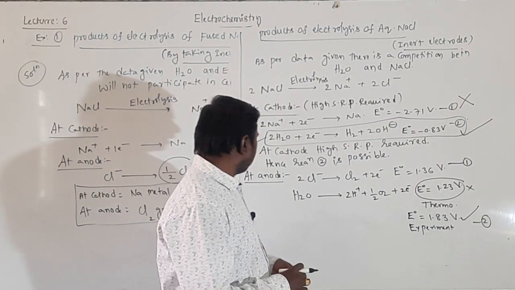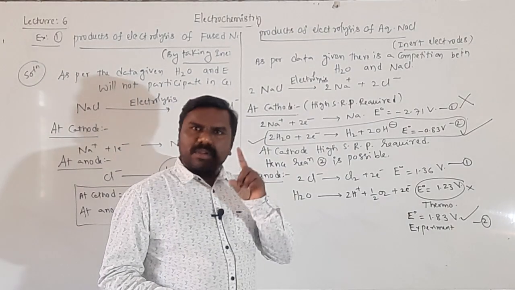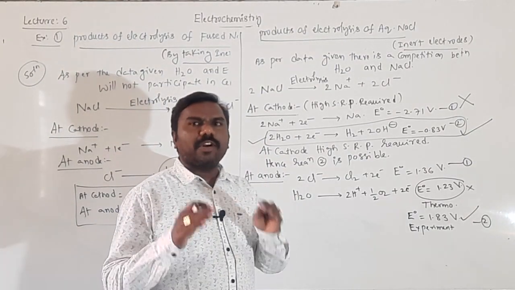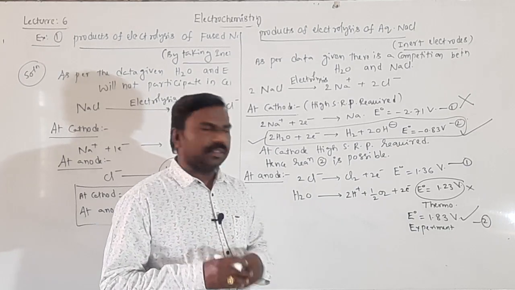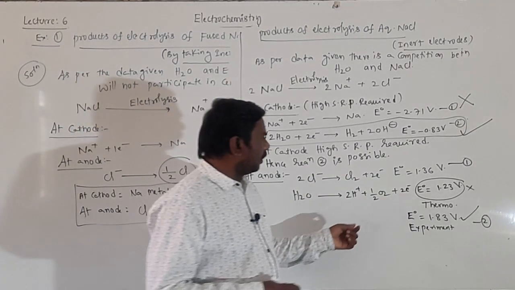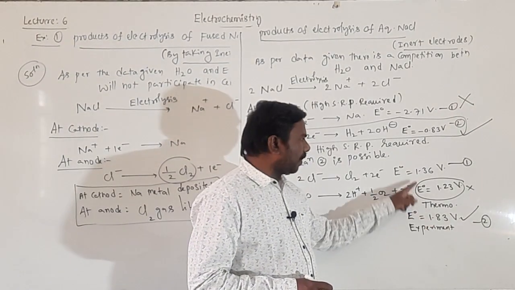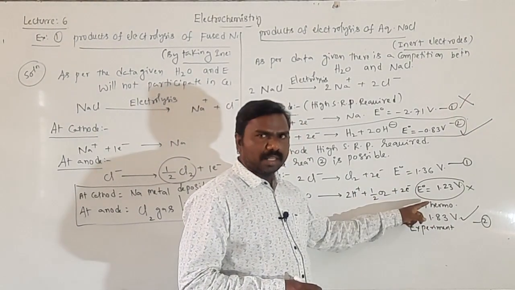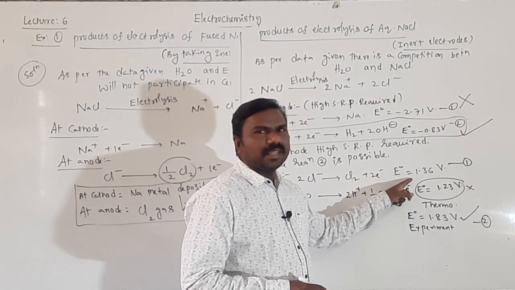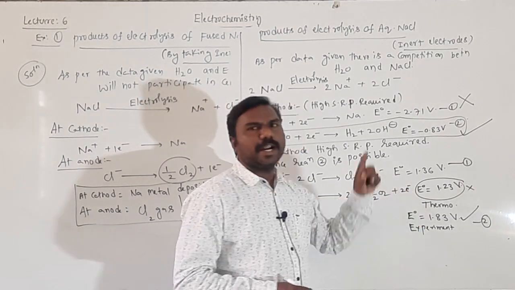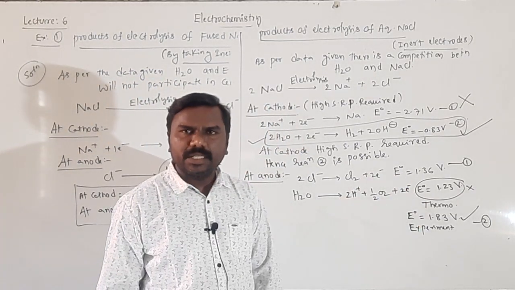Just observe clearly. At the anode, oxidation always takes place. For oxidation, low SRP is required. Low SRP means which one, 1.36 or 1.83? You have to compare these two only, not the thermodynamic value. So 1.36 is lower than 1.83.